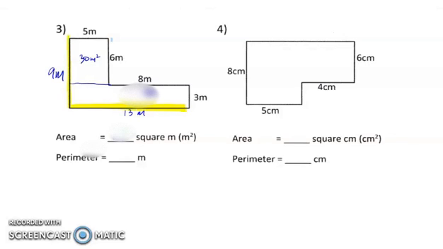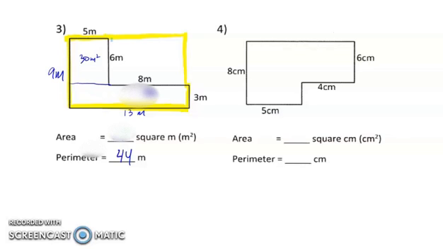The vertical is going to be the 3 plus the 6, and the horizontal is going to be the 8 plus the 5, which makes another 13. So adding that together, 9 plus 13 is 22, which I'm going to double for 44 meters. Now you'll be showing your steps a little bit more underneath.